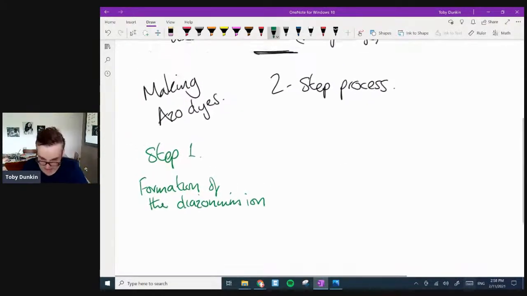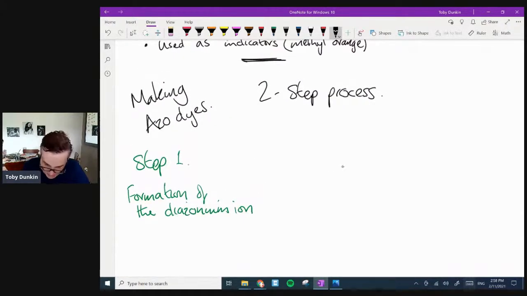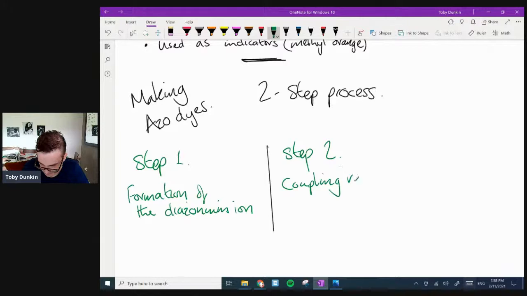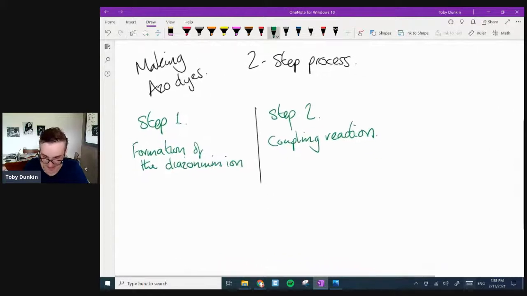Let me show you what that looks like. Step two is called a coupling reaction. My laptop had a brief heart attack there. Okay, so we need to look at each of these in turn.